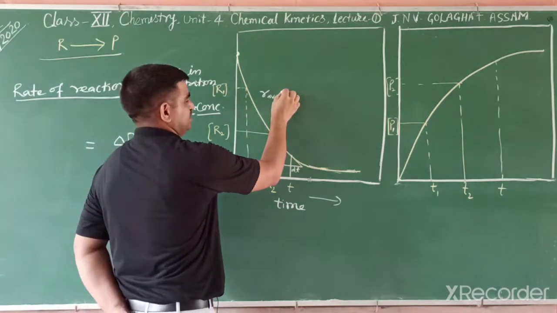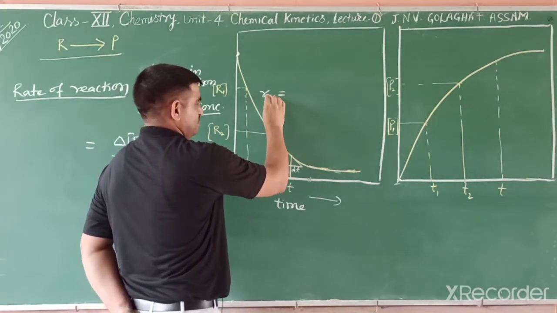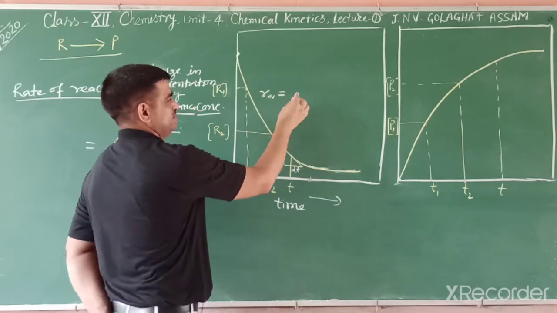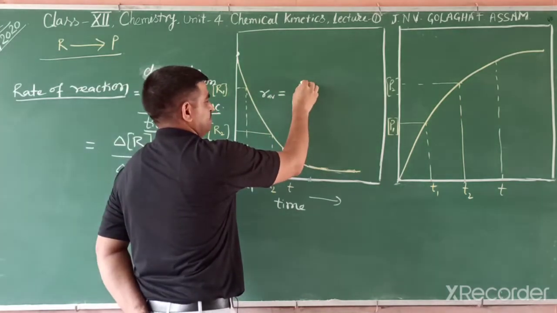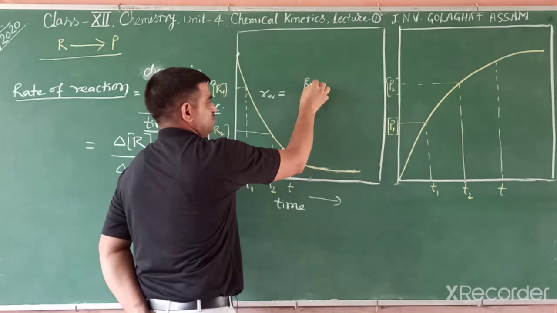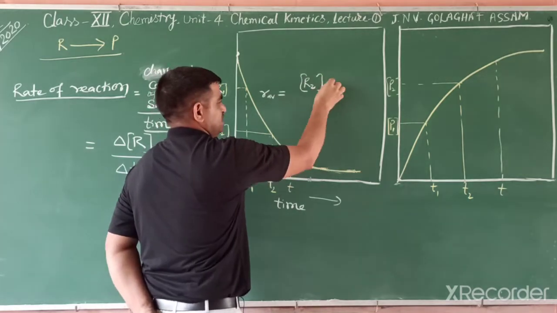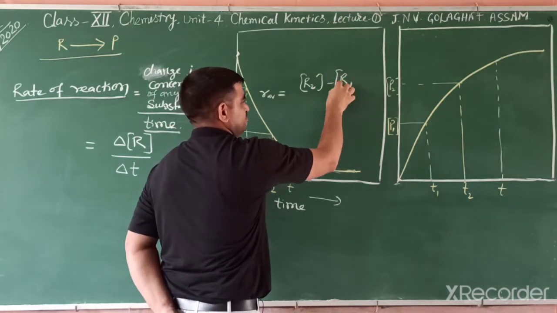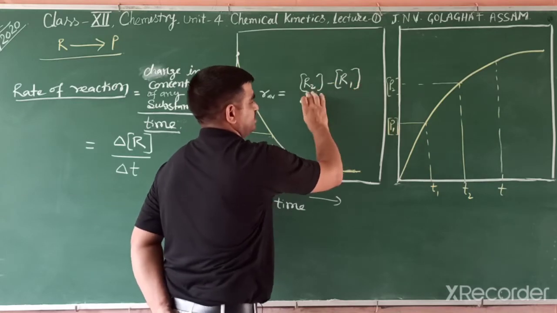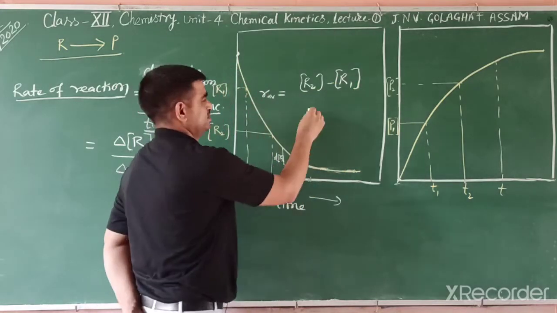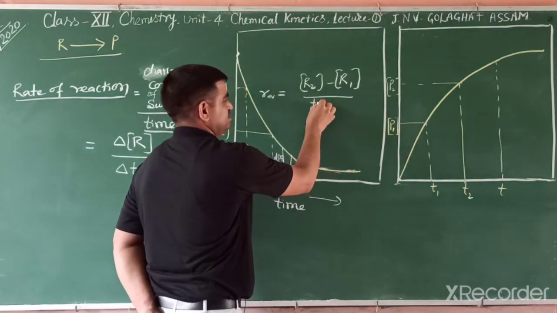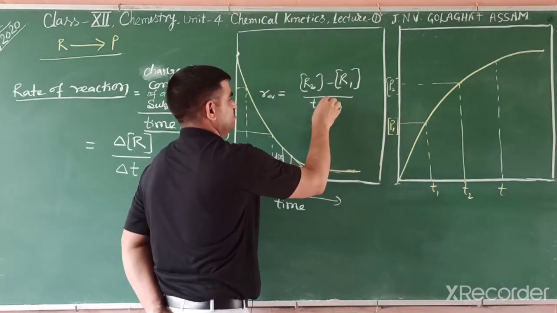So how can we find the rate of reaction for the reactant? Change in concentration means R2 minus R1, final concentration minus initial concentration, divided by T2 minus T1.